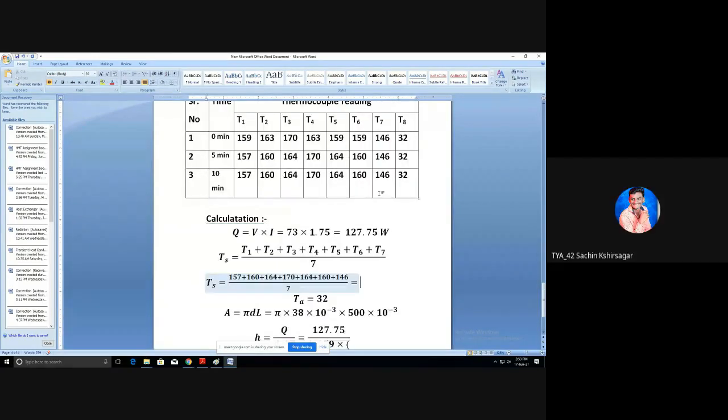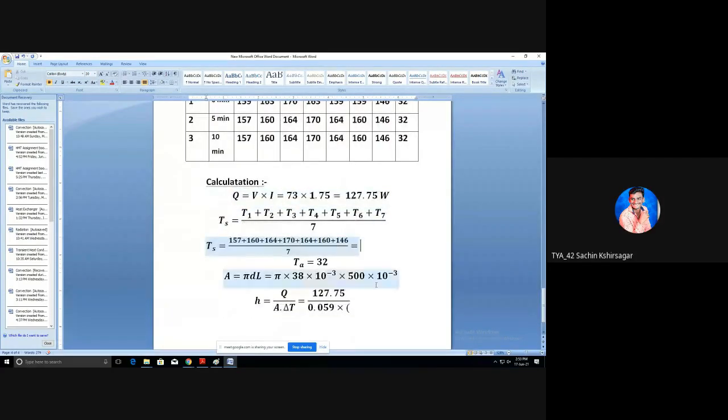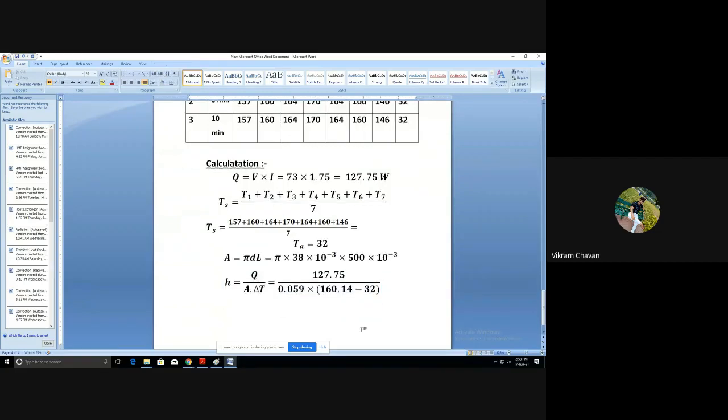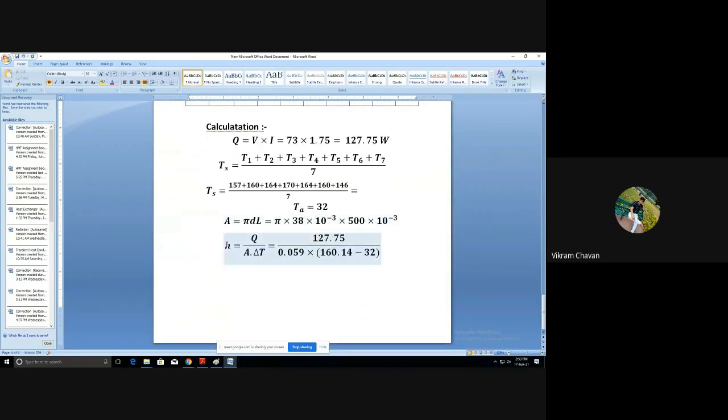Then Ts is equal to 160.14, minus 32. Now calculate h according to Newton's law of cooling. Others also check your values.